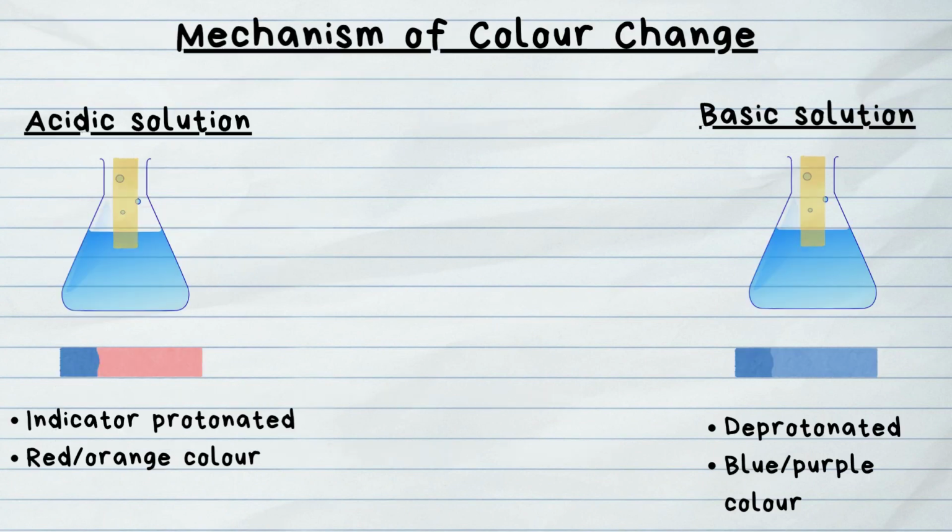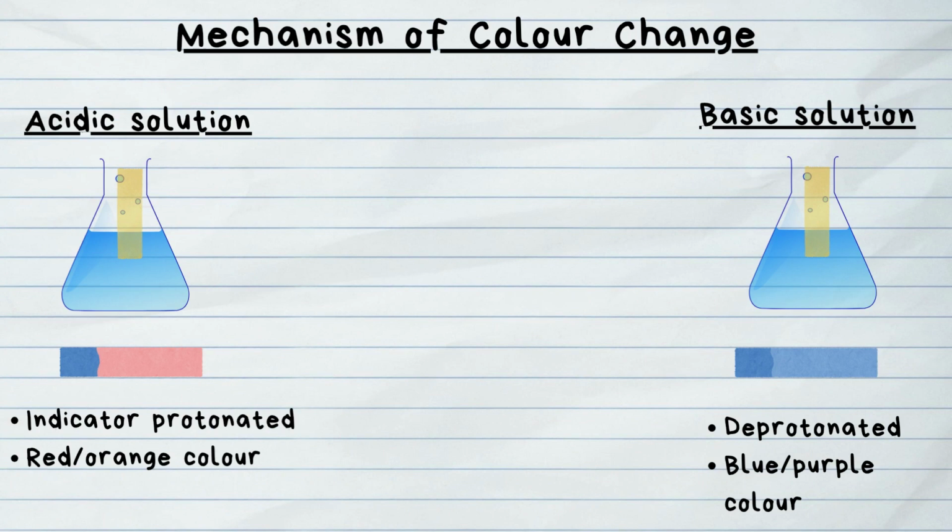Pretty cool, right? Let's understand color change step by step. Imagine we dip pH paper into an acidic solution. The indicator becomes protonated. And what color do we usually see? Red or orange. Now, let's move to a neutral solution. Here, both acidic and basic forms exist together, so we often see a green color.